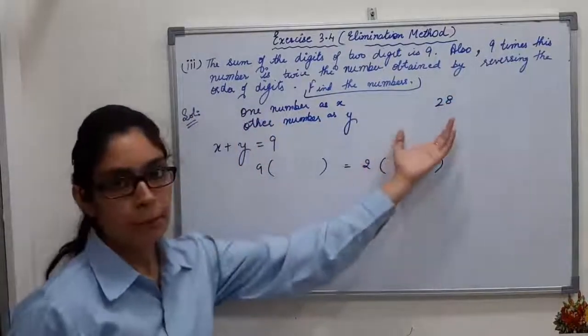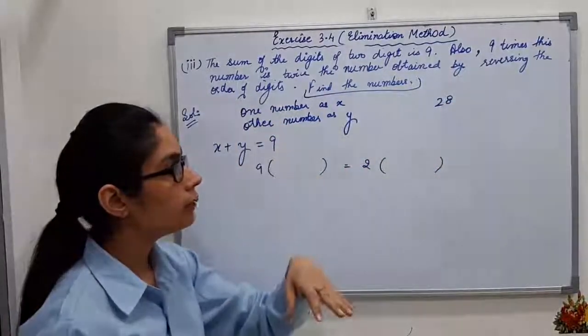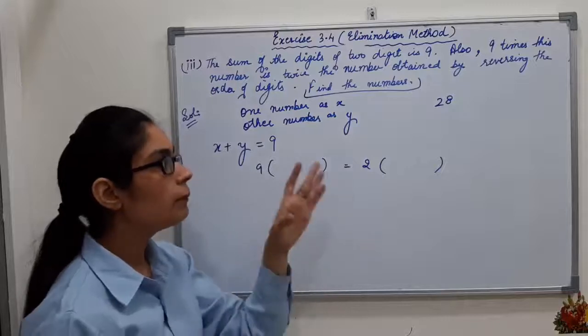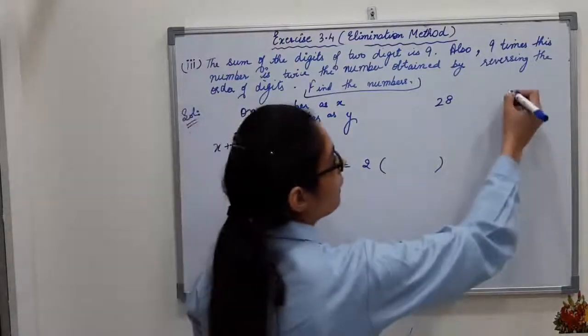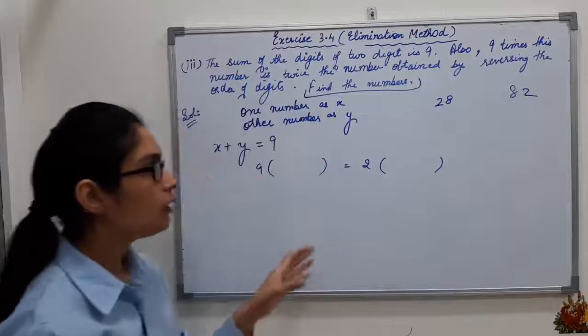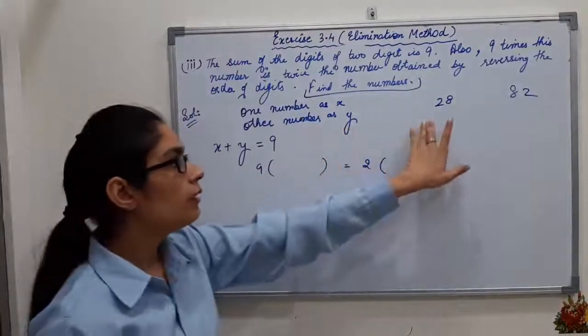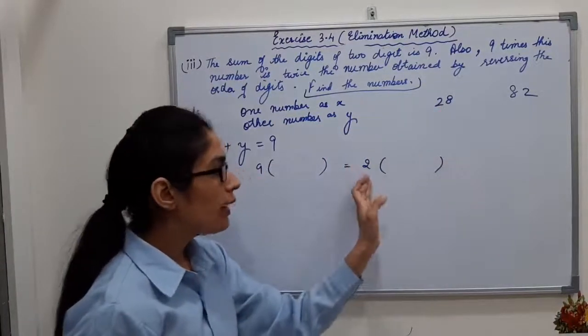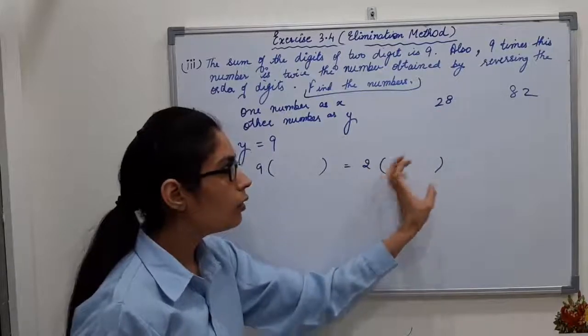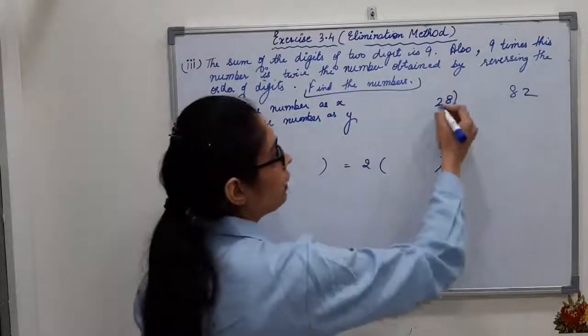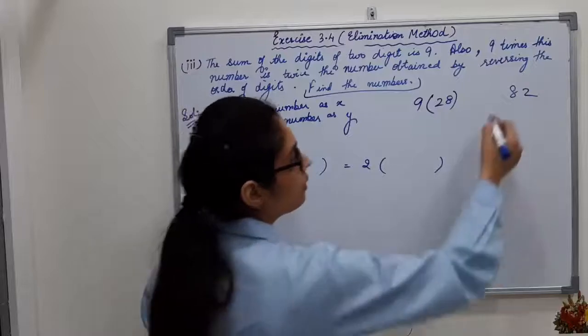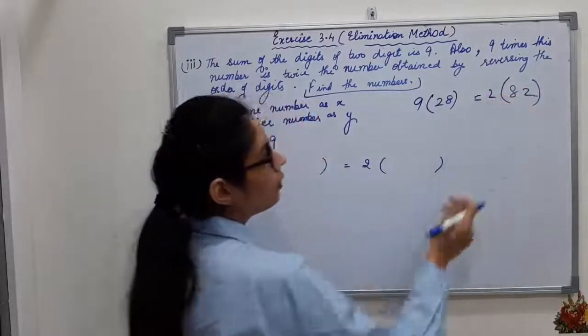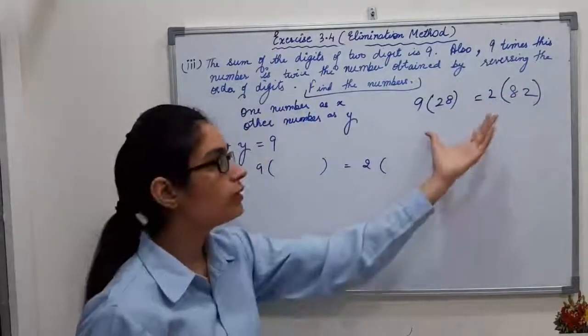This is my number. If I reverse the number, any number I take, I am getting 82. So they are telling 9 times this number will be twice the number on reversing it. For example, 9 times this will be equal to 2 times the number on reversing it. This will be the situation.